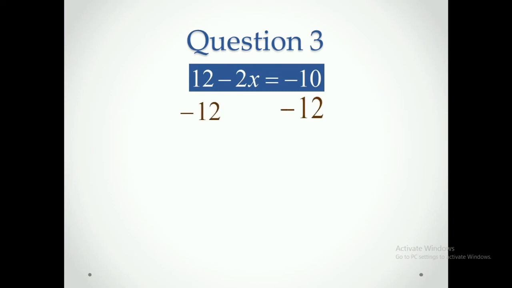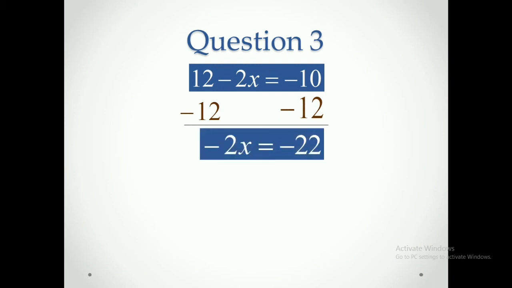Subtracting 12 from both sides means then we'll end up with a negative 2x equals negative 22. Since we're multiplying x by a negative 2, we do the opposite of that, which is to divide by a negative 2. Dividing one side by negative 2 means that we divide both sides by negative 2. And of course, dividing a negative by a negative will give us a positive value of 11.